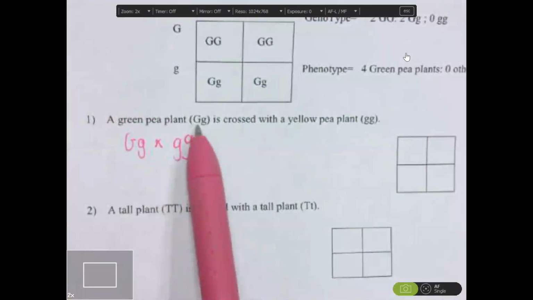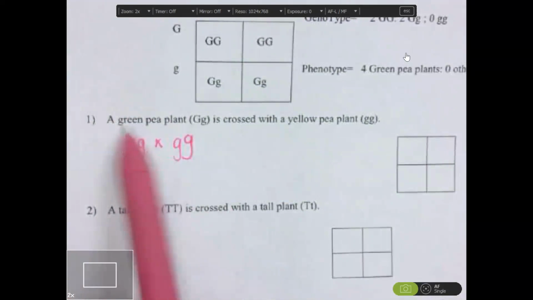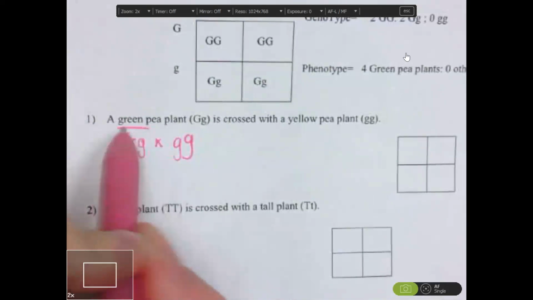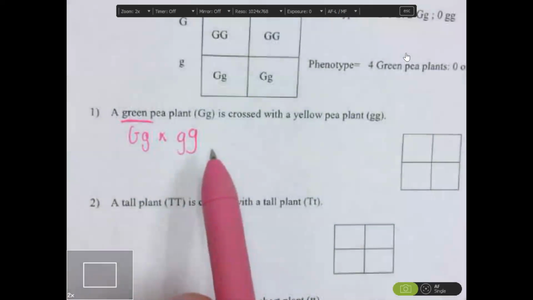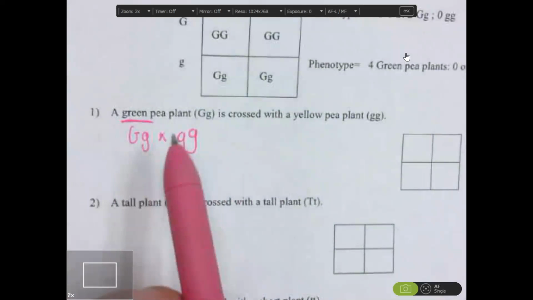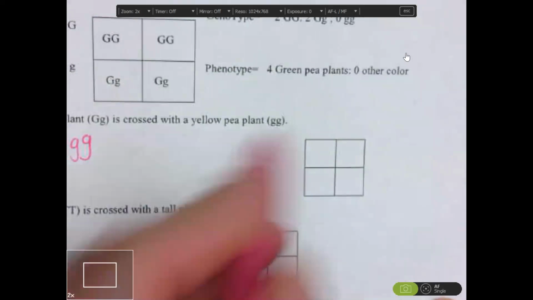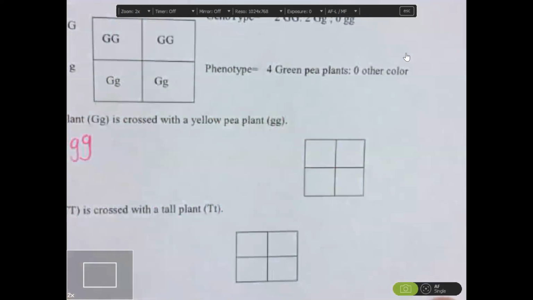Now, since big G is present and it's going to mask this allele, we know automatically that green is dominant in this case. Big G is going to code for green and little g is going to be the allele for yellow. Then I'm going to take my parents and put them on my Punnett square. In the lecture, it told you to put female on top, male on the side. It doesn't really matter. In fact, in this problem, it doesn't even tell us.